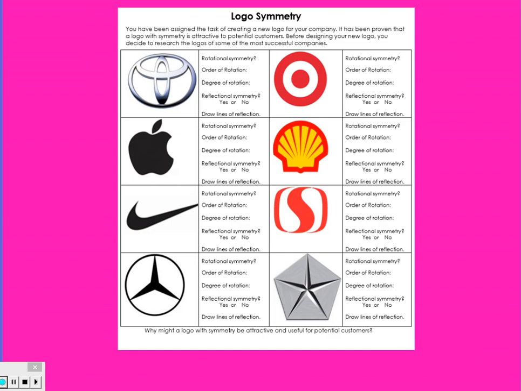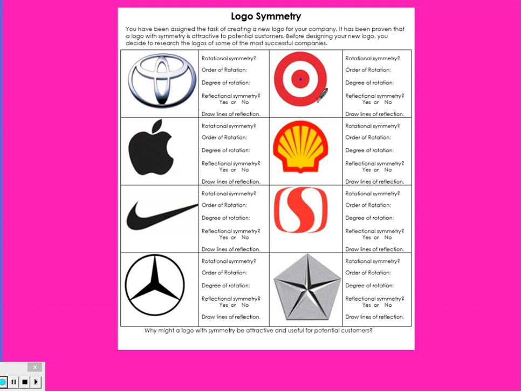Now we get to look at some fun logos. Okay, so logo symmetry. Rotational symmetry, order of symmetry, degree of rotation, reflectional symmetry, and draw lines of reflection. So we have five things we're going to determine for each of these. This one's a little bit unique. I could draw a line here, there, there, there, there.